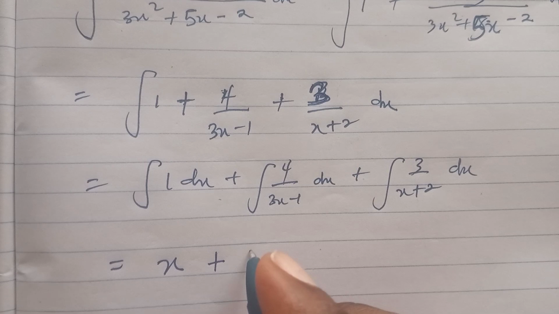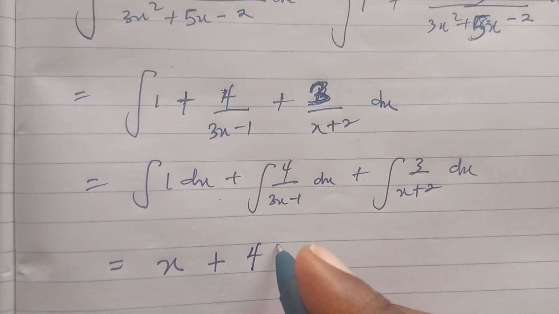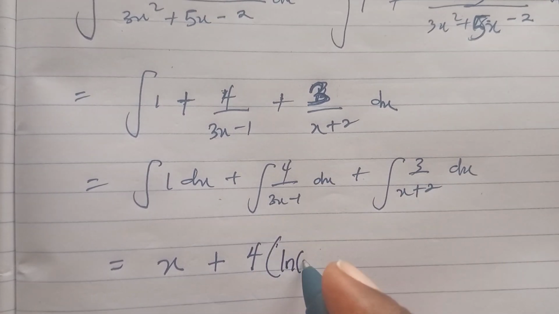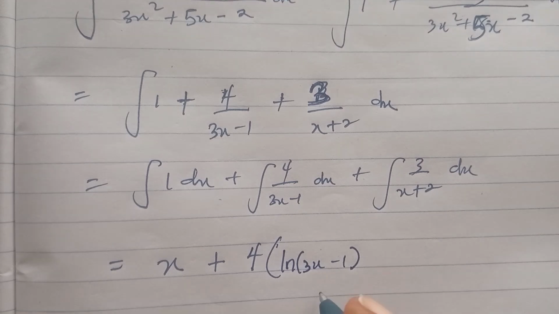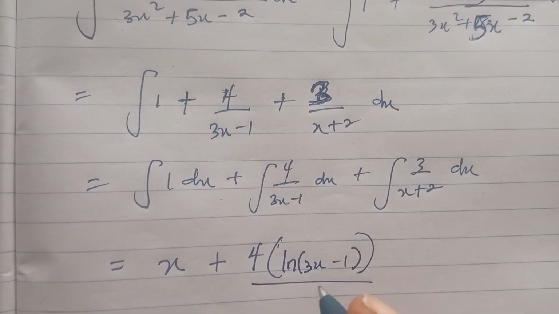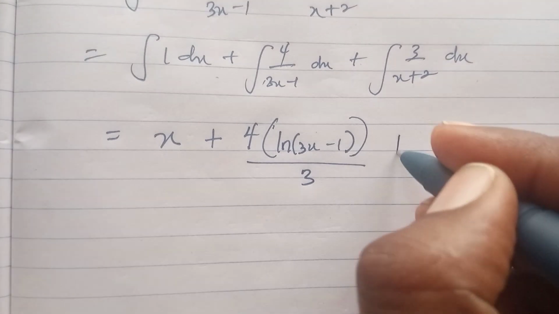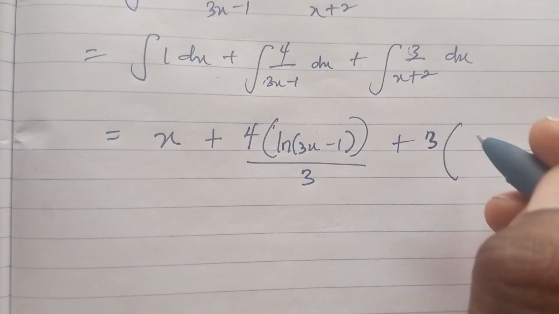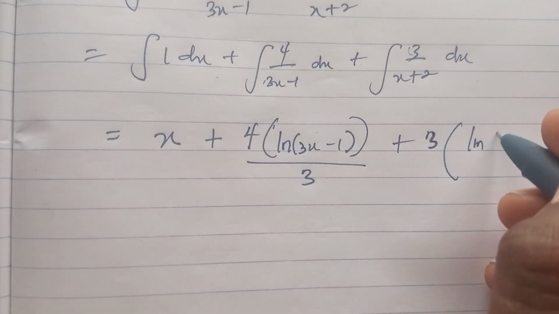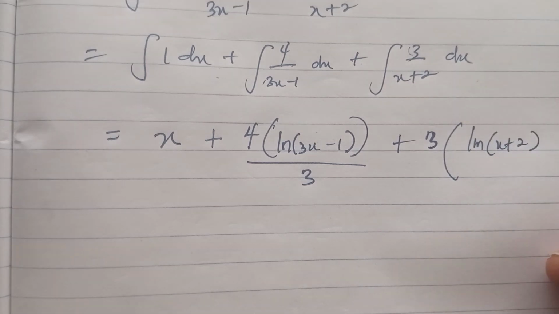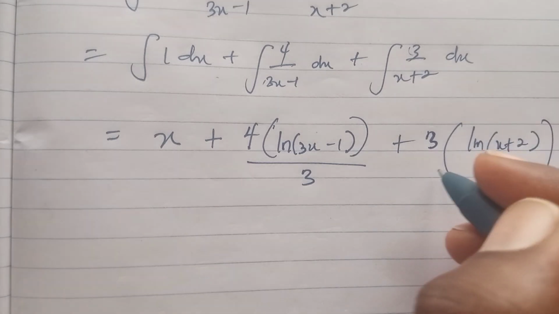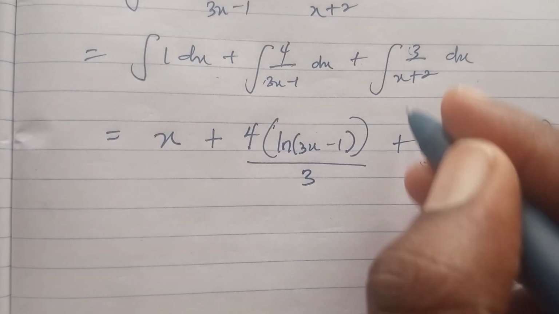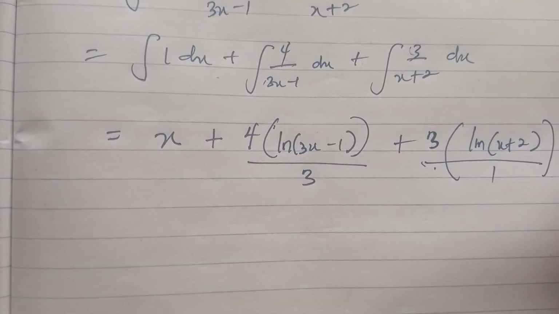The 4 will come outside, then we have ln of 3x minus 1 over the coefficient of x, which is 3. You saw that in my previous video. This one is 3 times ln of x plus 2 over 1, so it's just 1.